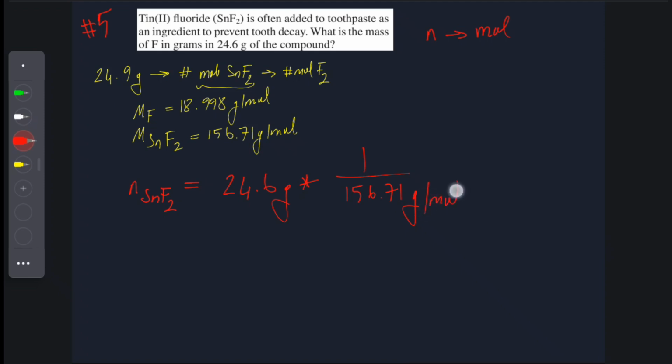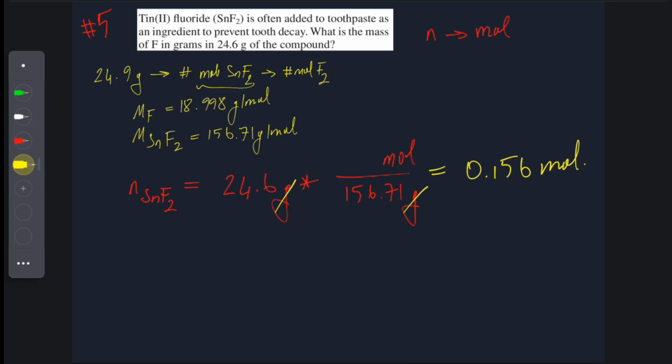Gram per mole, but we can write the mole here. And if we make the calculation, you will see that grams will cancel and the mole becomes 0.156 mole.